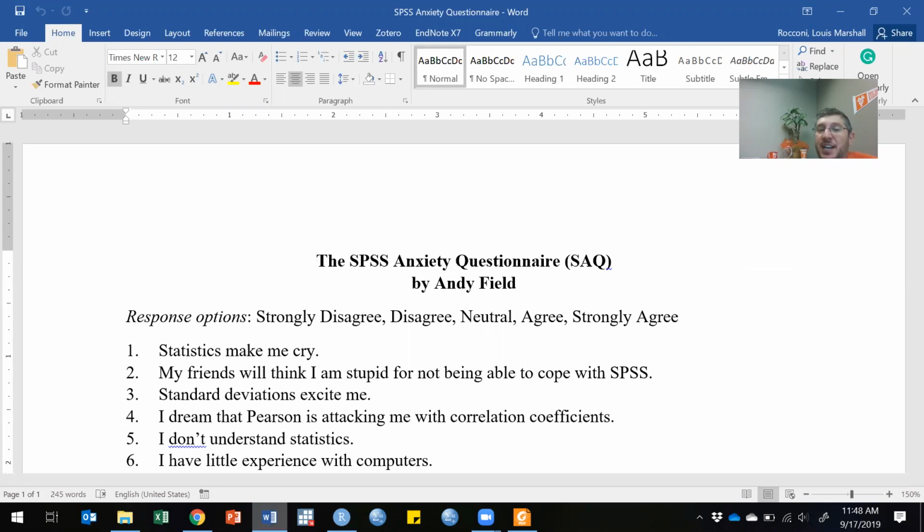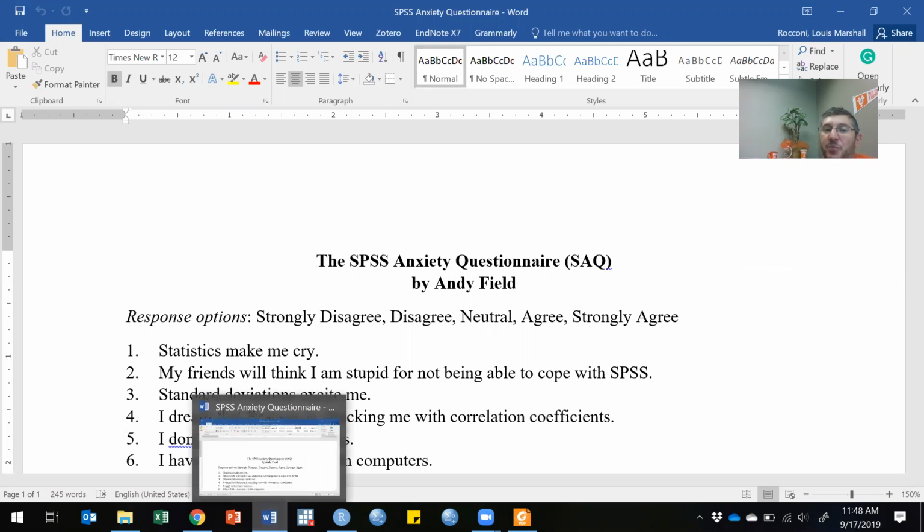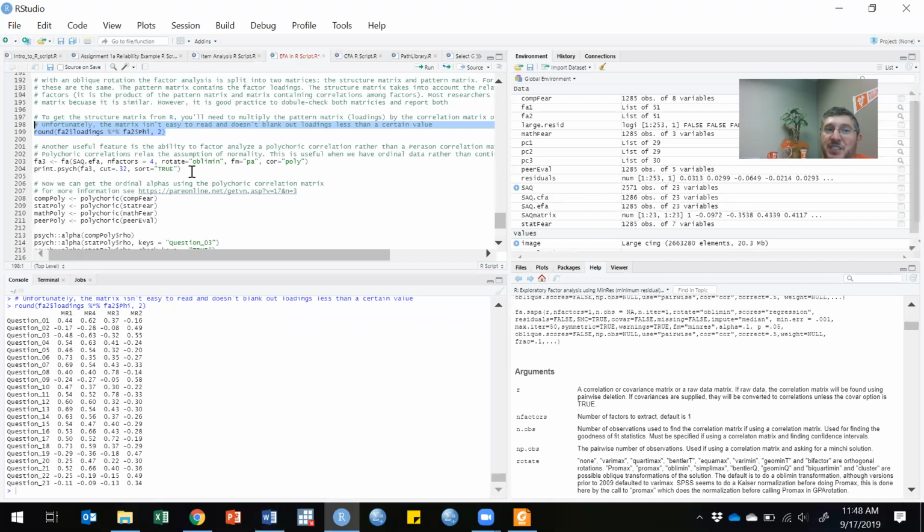An assumption that the Pearson's correlations are making, which the factor analysis is based off, remember, the Pearson's correlation matrix, is that the variables are measured on an interval ratio scale. Well, that's not really the case here. So one solution that's been suggested is, instead of factor analyzing the Pearson correlation matrix, to factor analyze a polychoric correlation matrix.